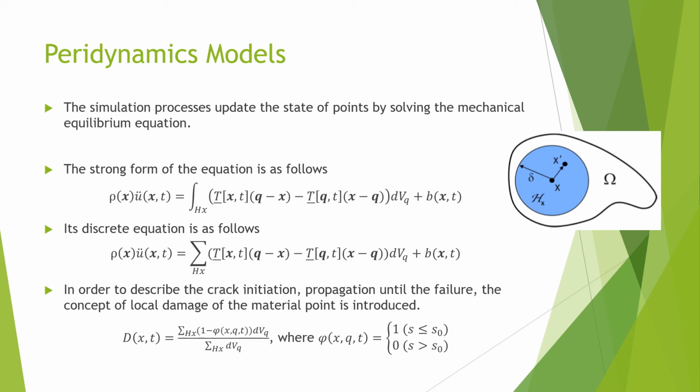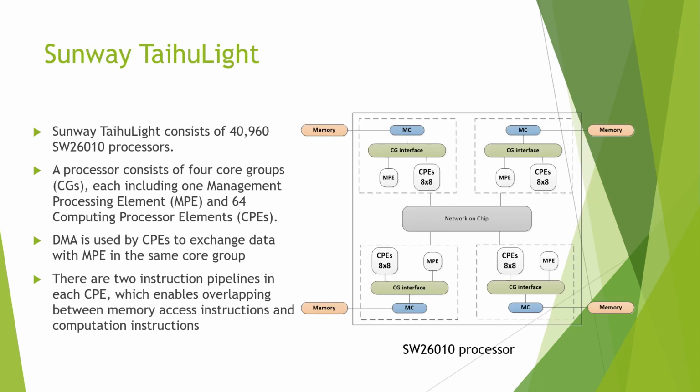And the main disadvantage of PD methods is that PD simulations based on the integral equations are usually much more computationally intensive than the traditional methods using differential equations. Because PD simulations are computationally intensive, it is necessary to implement PD simulation applications on supercomputers.